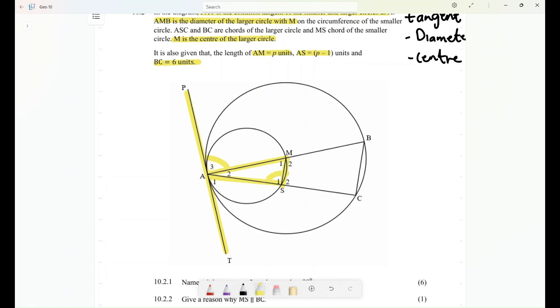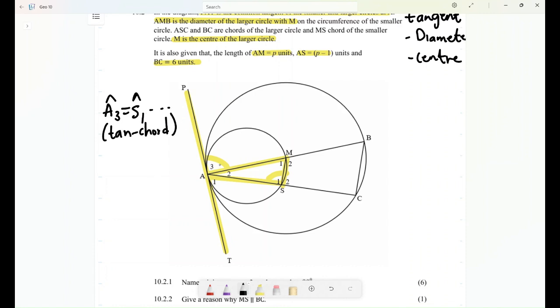So we can collect our data and say angle A3 is equal to angle S1. Reason: tan chord theorem.